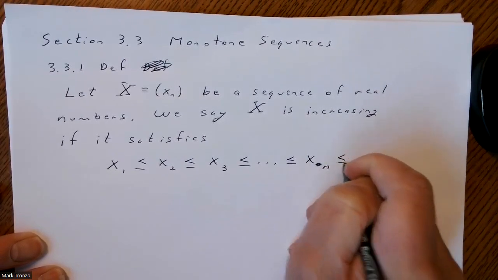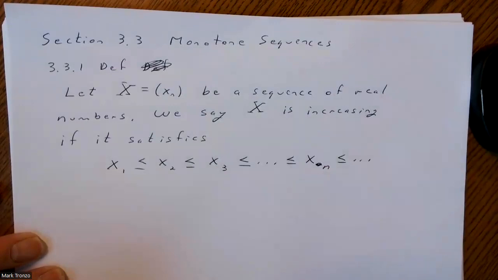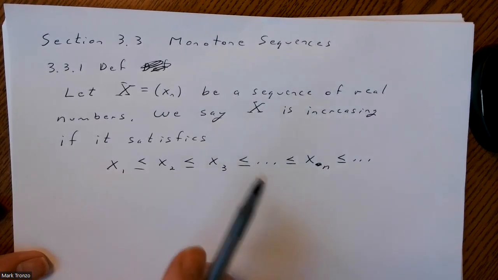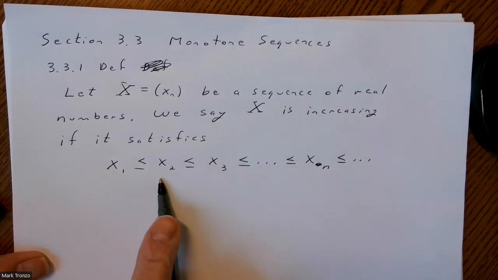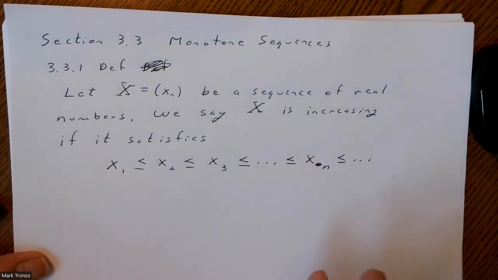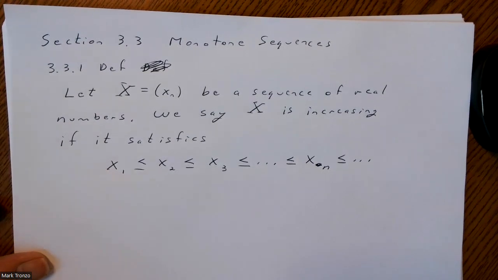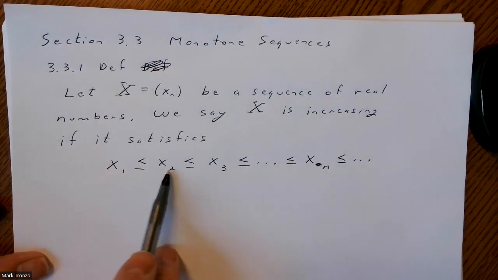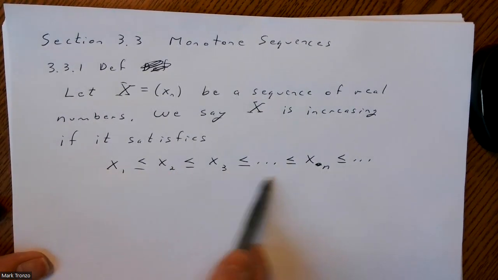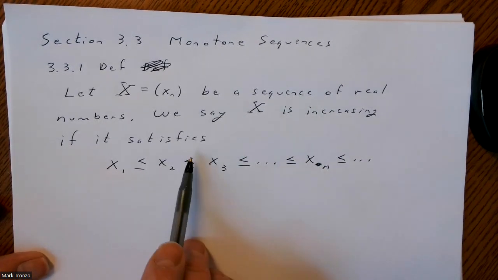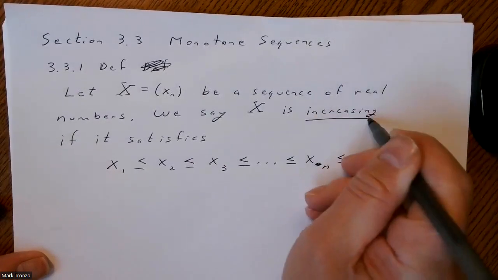Again, remember, a sequence is always going forever and ever. And so every element of the sequence, when you go to the next one, is always the same or greater. Sometimes people call this non-decreasing because you could be equal at times, many times. But in any case, they officially call this increasing.